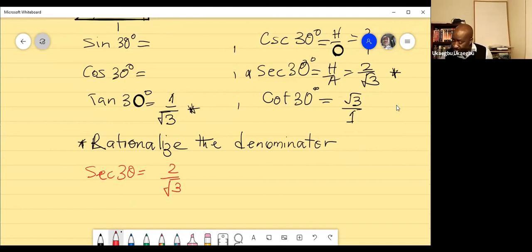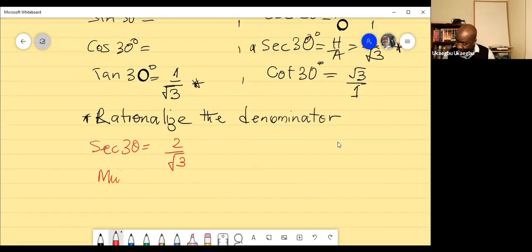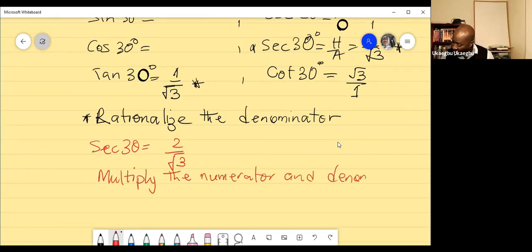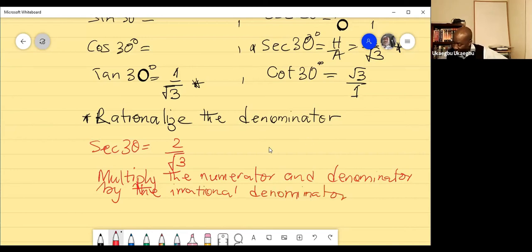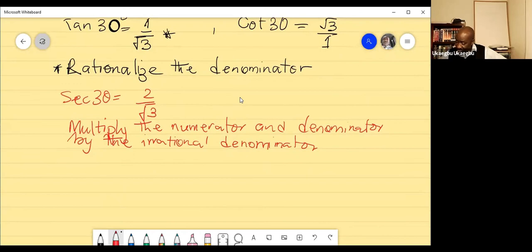What you do is multiply the numerator and the denominator by the irrational denominator. All this long grammar, here's what it means: 2/√3 multiplied by √3 over √3.